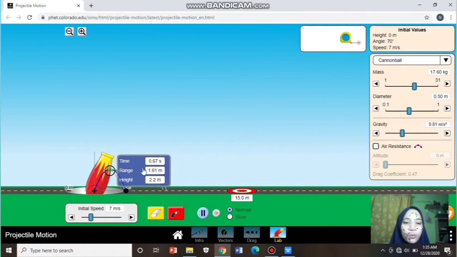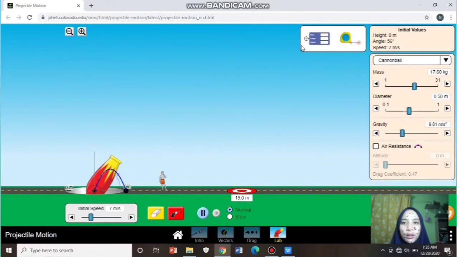Okay, you need to put here and you get the height of cannonball. Okay, you need to repeat the same step, but you change the initial speed and the angle of cannonball, so you will get the different range and the different height of cannonball.